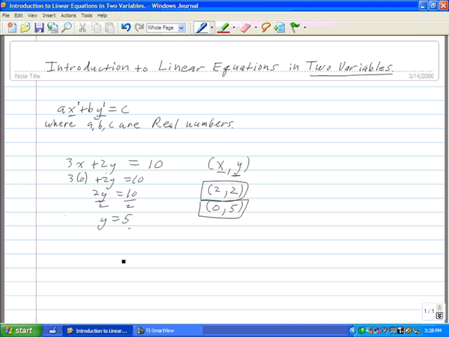You're not just restricted to picking x's and plugging them in. I could pick a y value. Let's say 3.